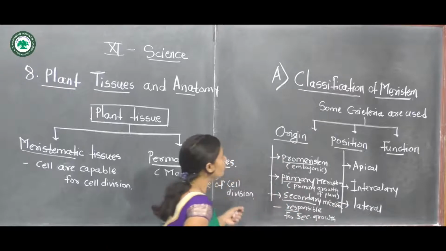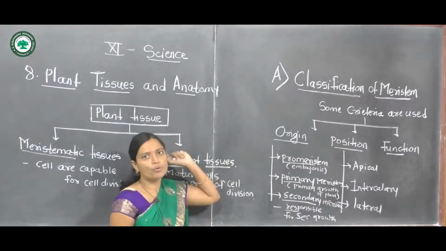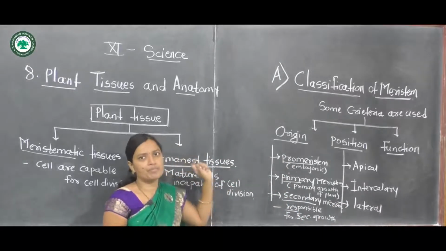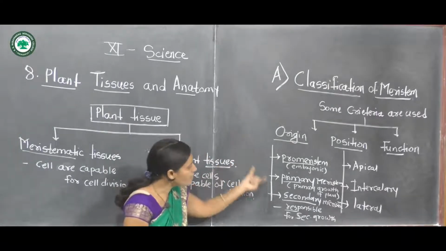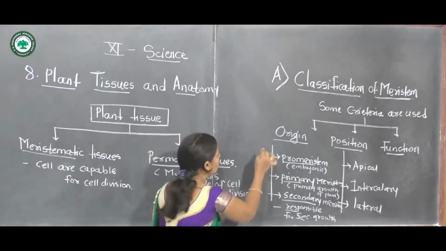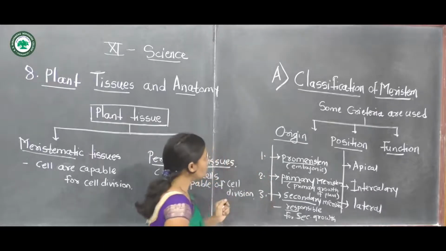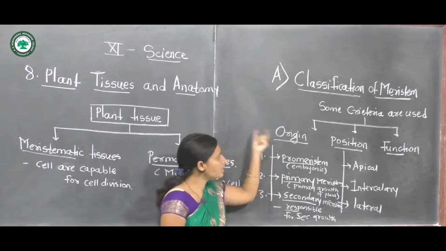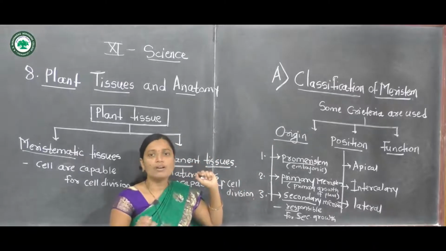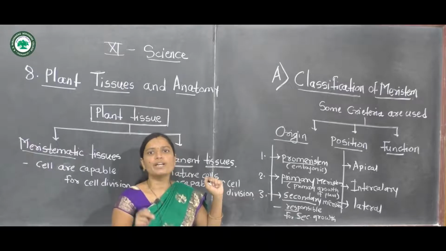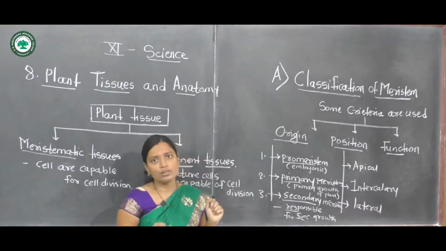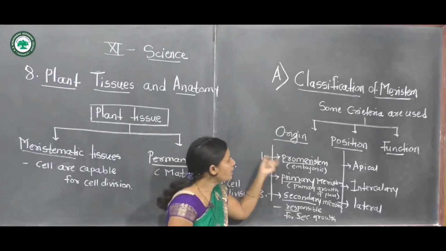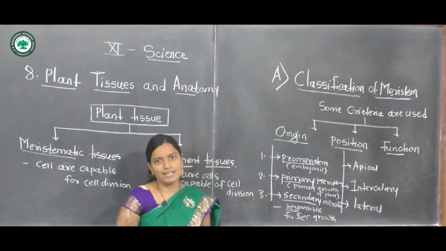Promeristem originates in the embryonic cells. It is also called the primordial meristem, and it is found in embryonic cell division.